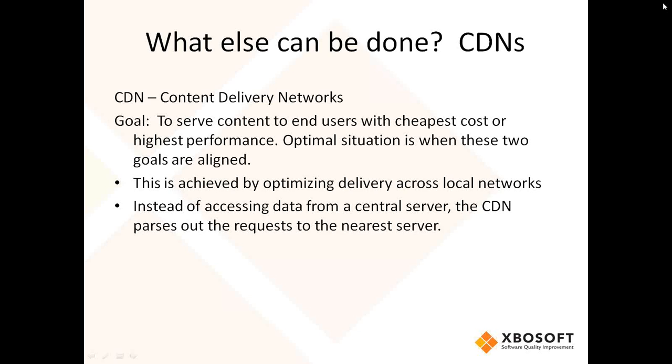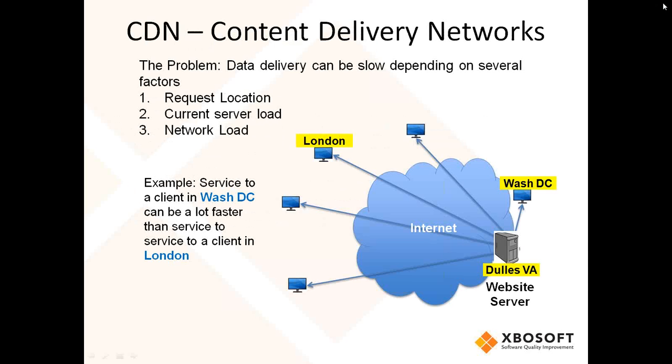Let's take a look at a little more detail of CDNs. Without a CDN, let's say you're in Dulles, Virginia. I live in Reston, Virginia, which is right outside of Washington, D.C. There are huge, huge server farms in the Dulles area. Let's say I get a request in Washington, D.C. for data on one of my servers.